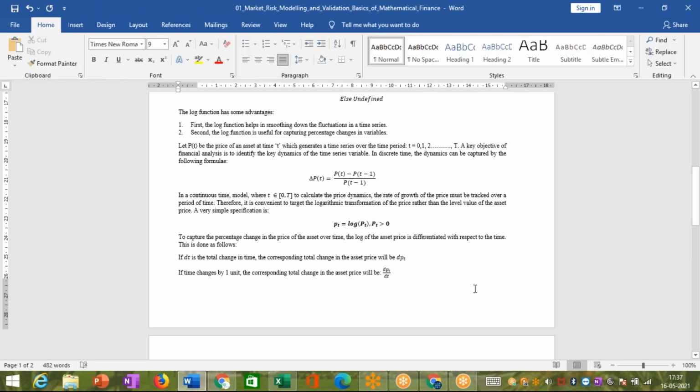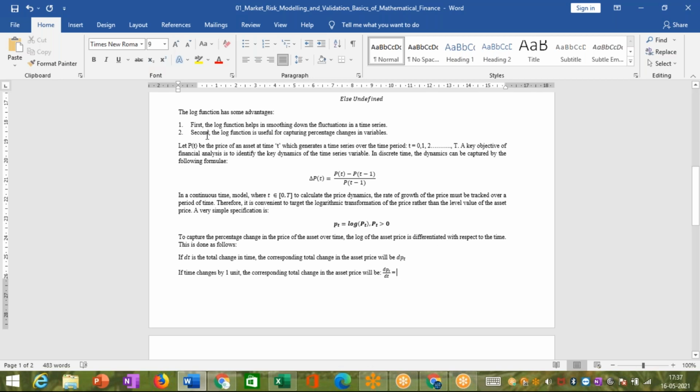So this will be the total change in the price of the asset if the time was to change by 1 unit. Now this is the log function, so if we differentiate a log function, we get 1 by pt.